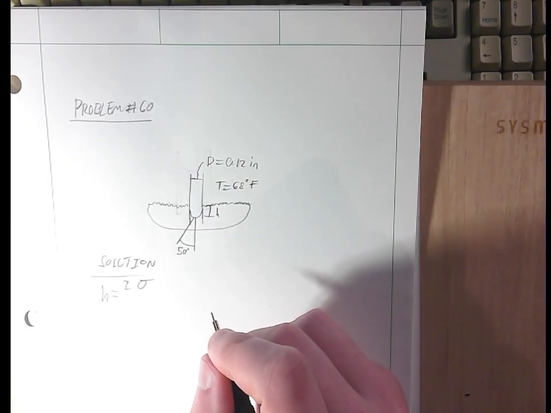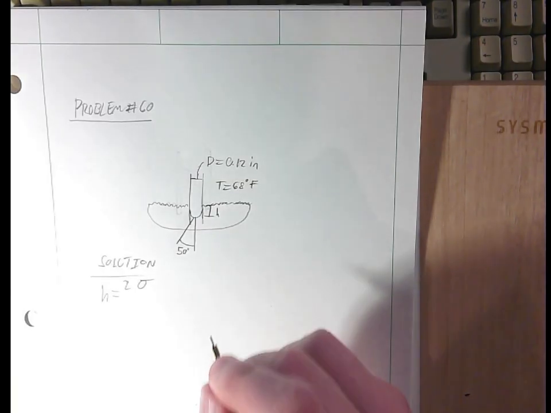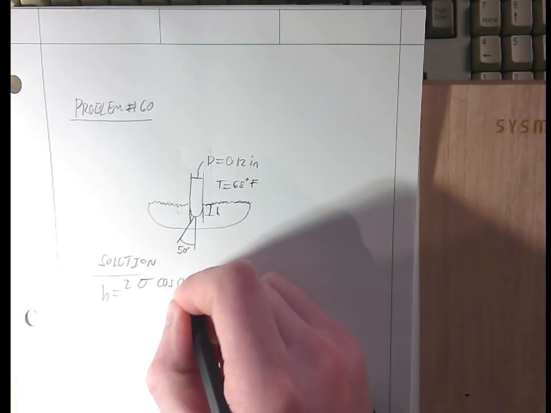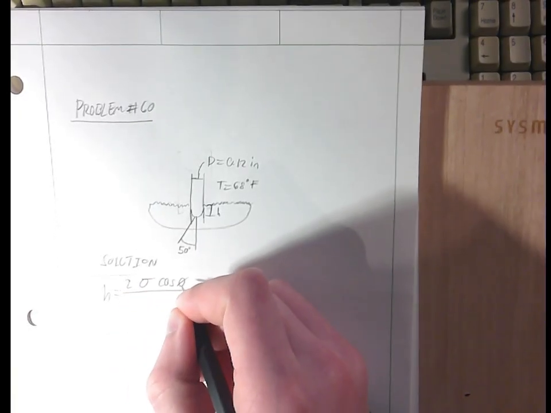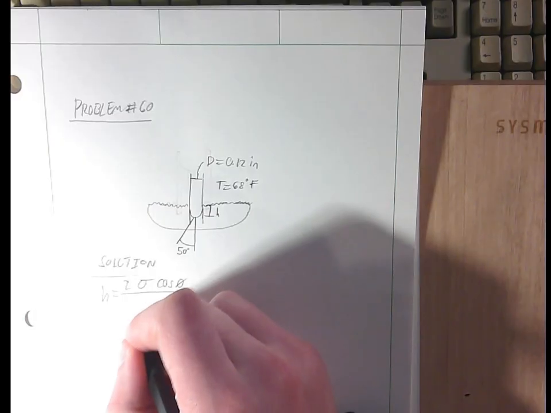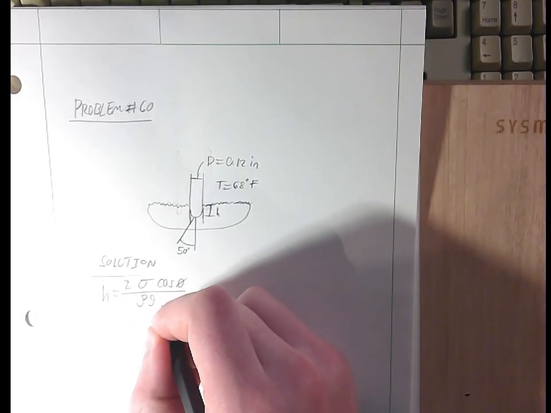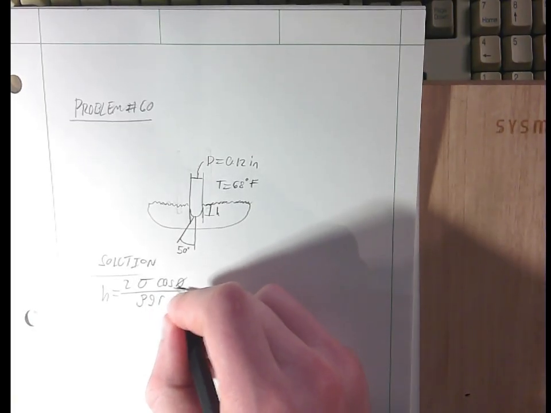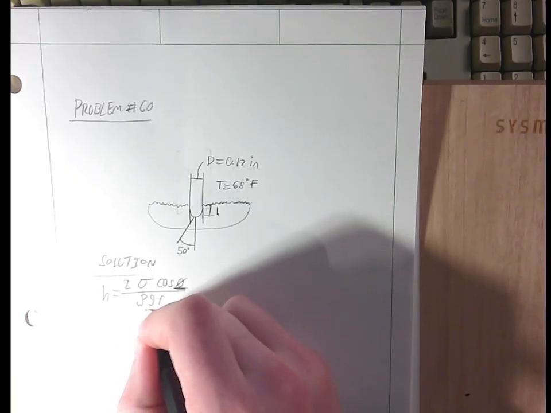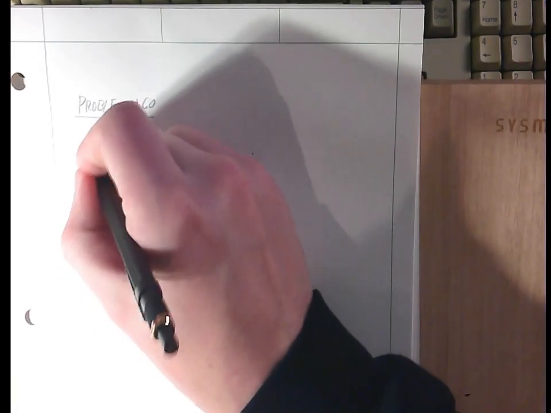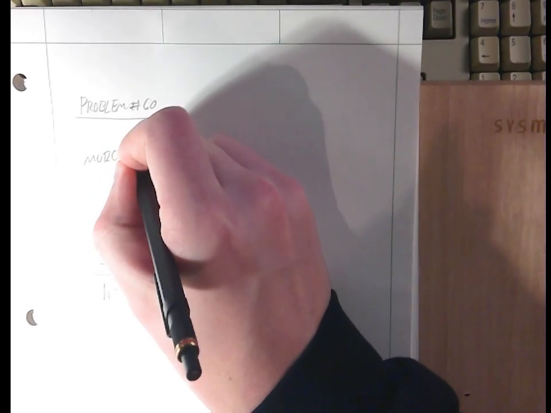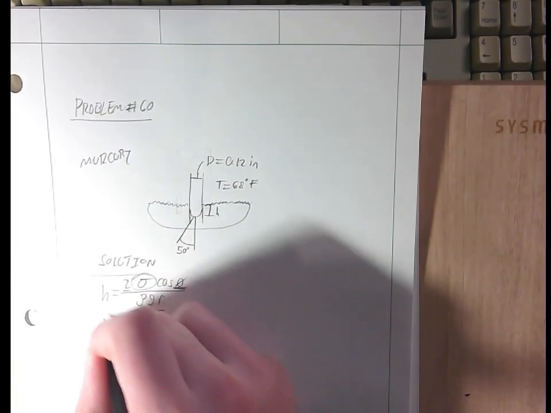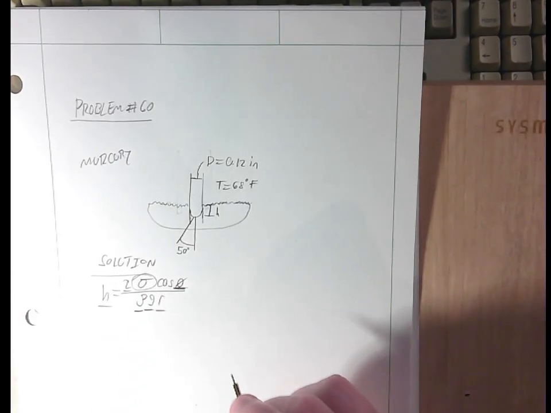They just call it whatever the symbol is, cosine theta, and that's going to be over rho g r. So we know this angle, we know the radius, we know gravity, we know it's mercury, and we know the 2, which means all we have to figure out is the stress, and we can get the height.